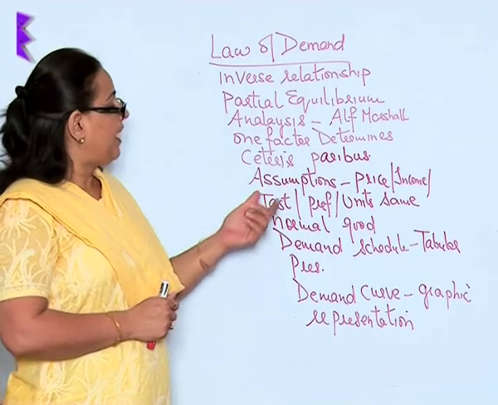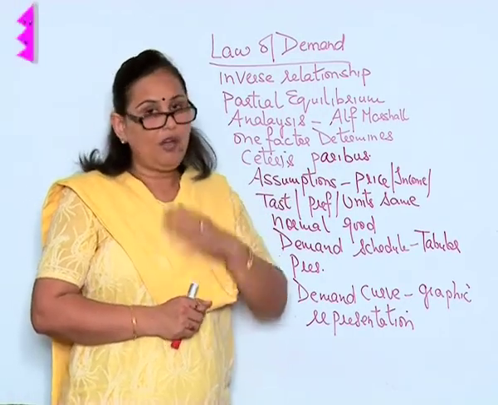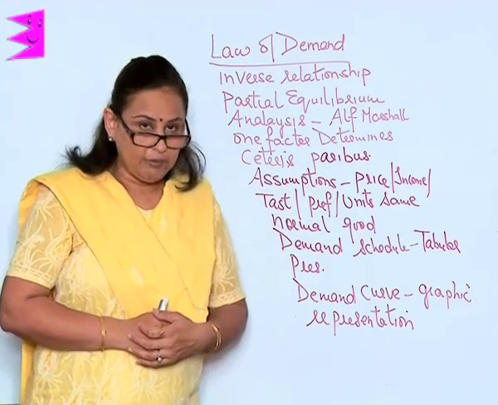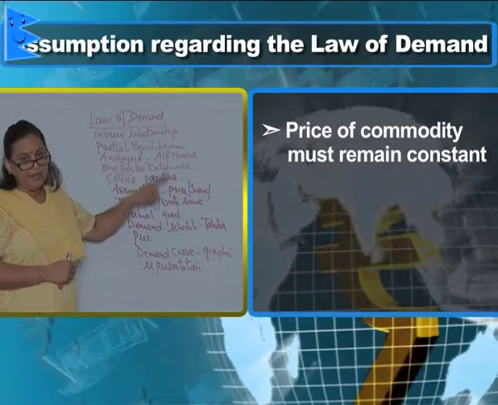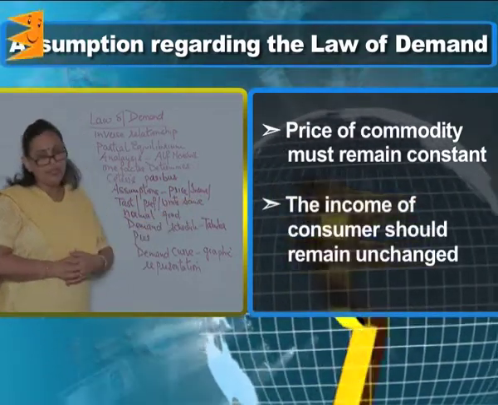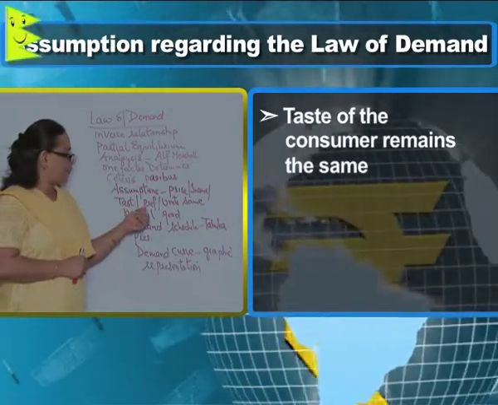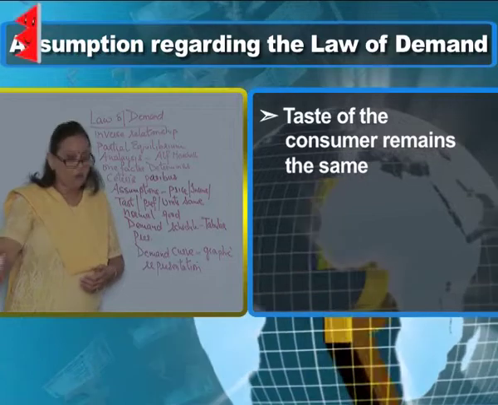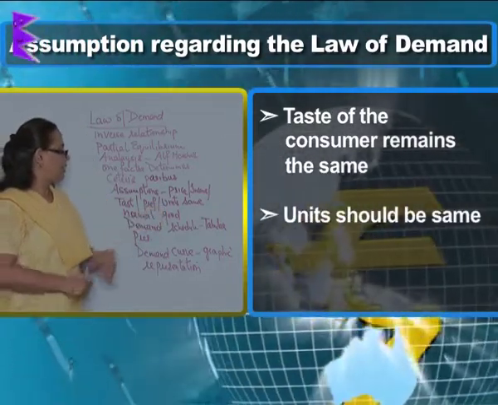Well, if I had to talk about the assumptions regarding the law of demand, the assumptions are that the price of related commodities must remain the same, the income of the consumer should remain unchanged, the taste and preferences of the consumer should not change, and the units also should be the same.